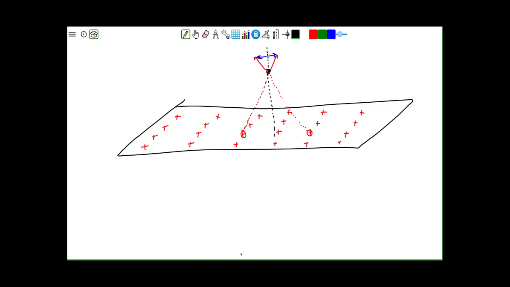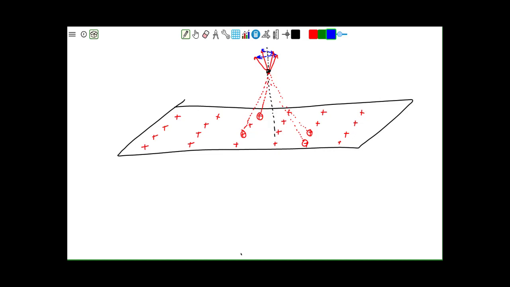Now, I could take a point right here, and the electric field contribution to that point will be coming slightly at us. But then there is a counterpart point on the other side. And the electric field contributions of those are going to have a horizontal component that will cancel.